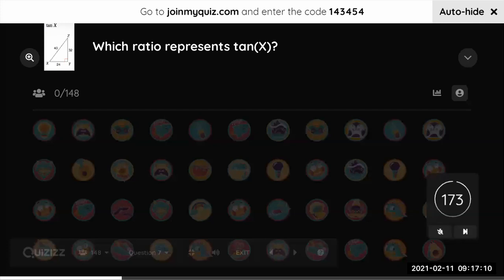Opposite is zy upon adjacent. What is adjacent? Adjacent is xy. So just substitute the values, you will get the answer, right? Opposite upon adjacent. Opposite is zy and adjacent is xy. Substitute the values, you will get the answer.